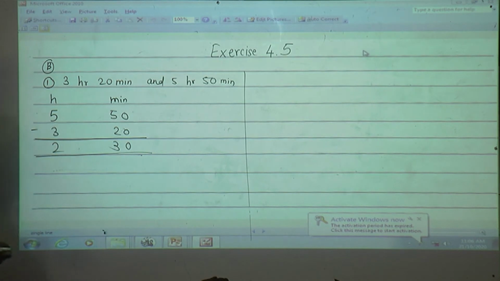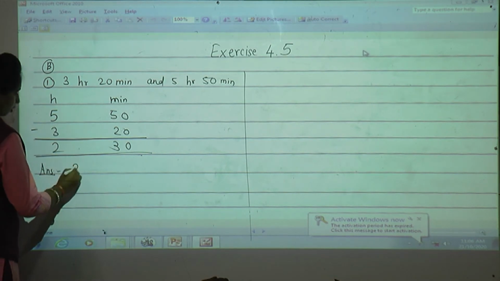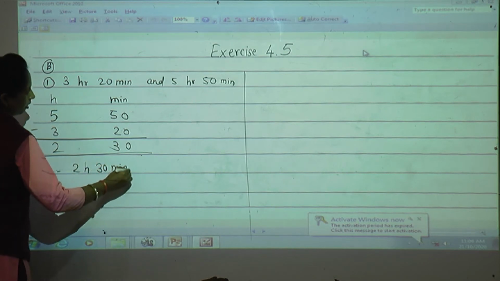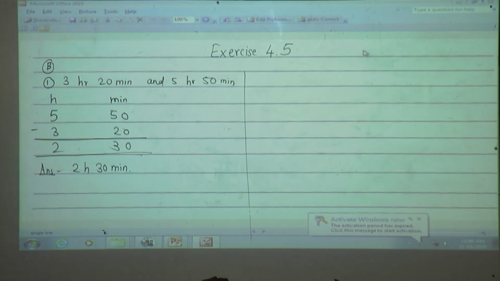So what is the answer here? 2 hours 30 minutes. Clear? Yes? Understood, everyone? Very easy. Now we will solve the next example.